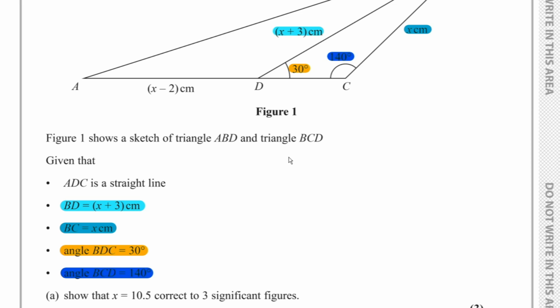And by the way, if ADC is a straight line, the angle ADB is equal to 180 degrees, subtract the 30 degrees, which is 150 degrees.